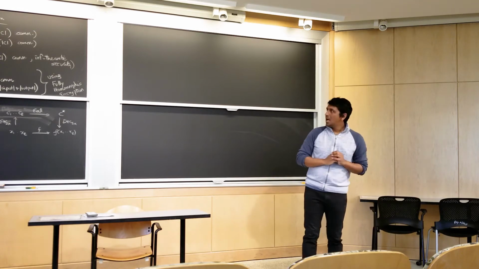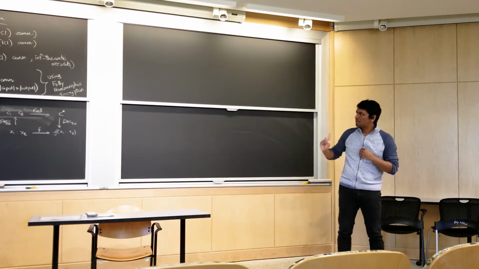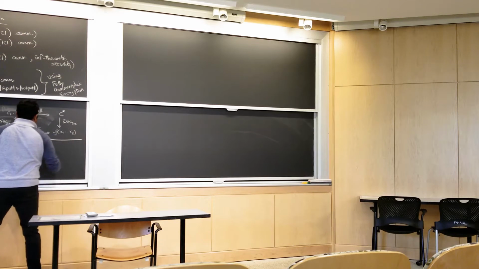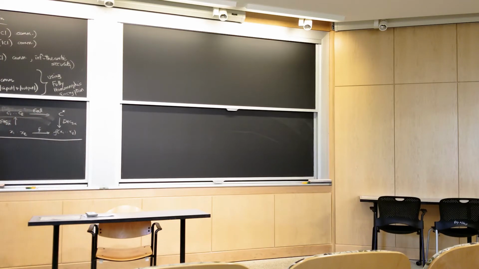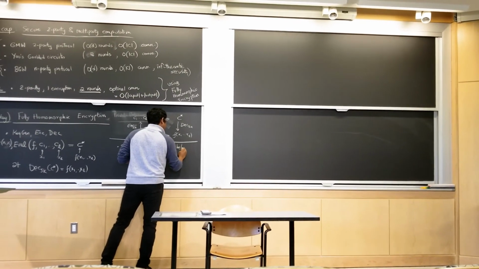So let's very quickly see what you can do if you have a homomorphic encryption. I told you the correctness property. I need a couple of other properties. Security: semantic security. As before, I'm not even going to bother writing it down.